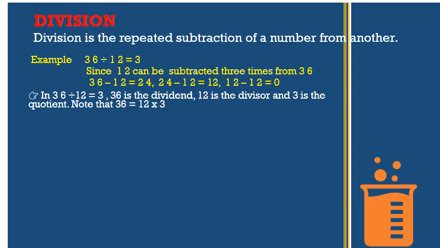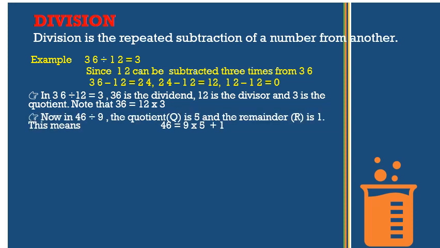And what is the result of division? It is 3. And so 3 is the quotient. Note that 36 is equal to 12 multiplied by 3. Or we can say that dividend is equal to divisor multiplied by quotient.